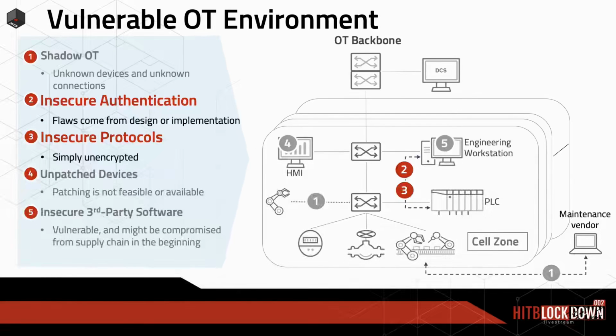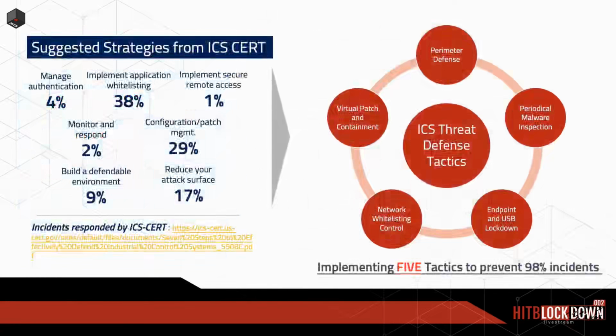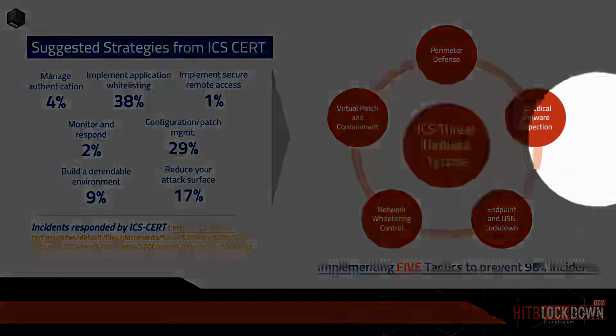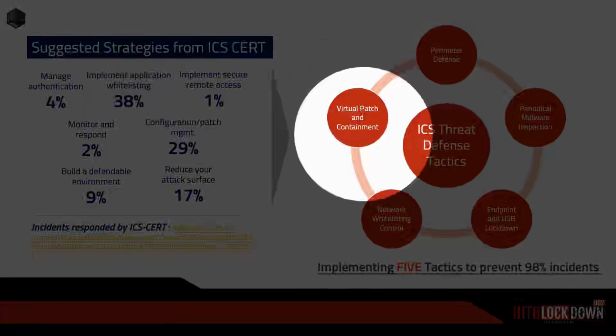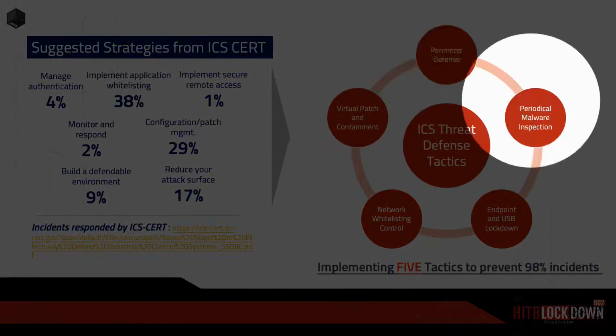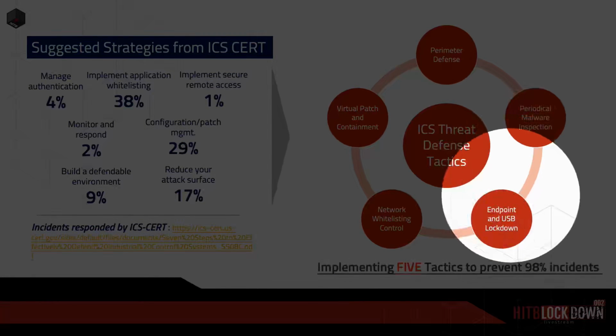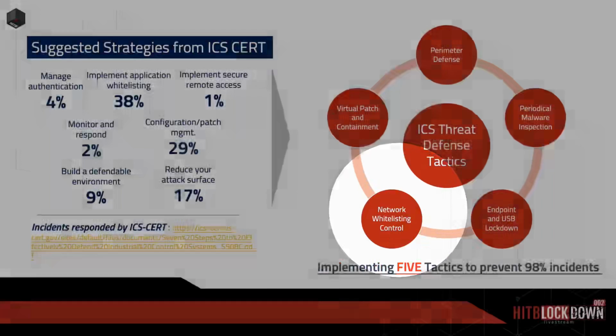To secure our environment, according to ICS strategy, we sum up five techniques to protect an ICS environment: virtual patching, perimeter defense, malware protection, endpoint and USB lockdown, and network whitelisting.